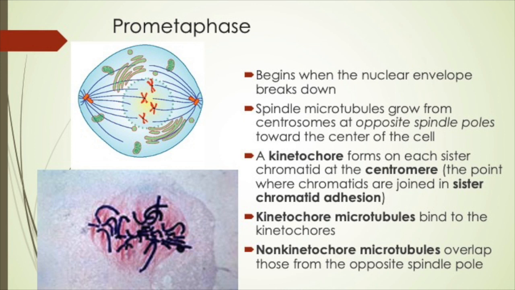Prometaphase is the next step. It begins when the nuclear envelope is totally broken down. Spindle microtubules grow from the centrosomes at the opposite poles towards the center of the cell. So they're more towards the center. A kinetochore forms at each of the centromeres on each of those sister chromatids.